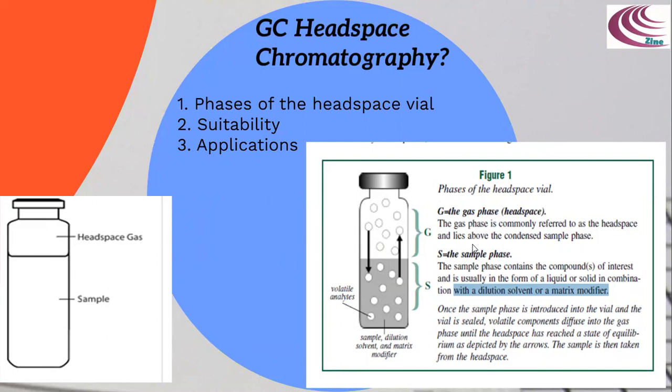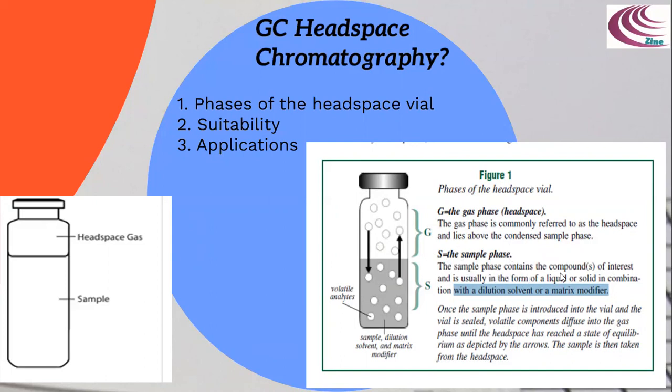Now you will get more clarity here. These are the phases of the headspace vial. This is the volatile analytes. This is the sample along with some diffusion modifier. G represents the gas phase, which is called the headspace. The gas phase is commonly referred to as the headspace and lies above the condensed sample phase. S represents the sample phase.